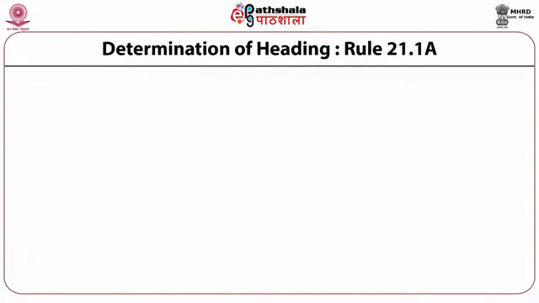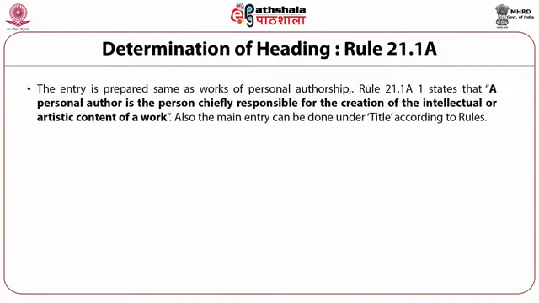So now comes the heading. I told you regarding the description, but now comes under whom you will prepare the main entry, or under which heading the readers will look. That is called the determination of heading. What is the rule? The rule is the same as I told you earlier.